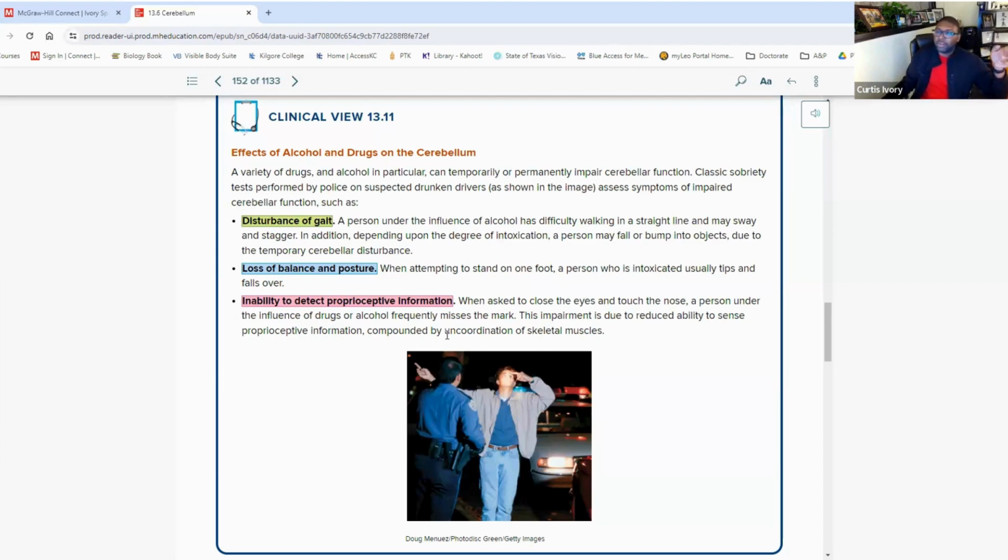Also, you lose proprioceptive information, which means your brain can't tell whether you are standing up, sitting down, or laying down. It loses that reception. So that's one reason why you stagger and stumble, because your brain can't really understand if you're standing or sitting. That's why you can fall over a lot, or you kind of stagger, fall, or stumble. It's because of that region there.